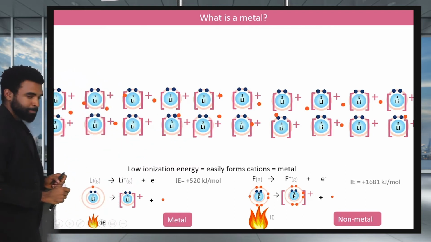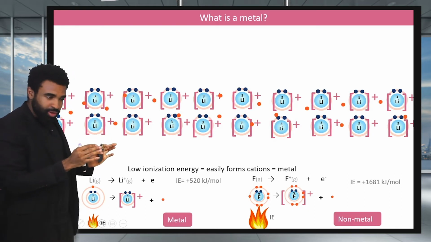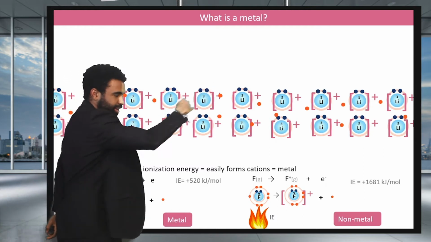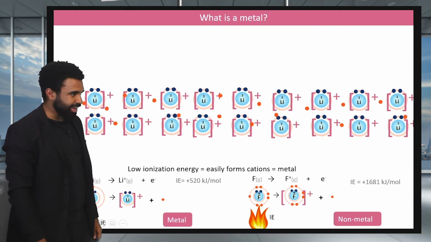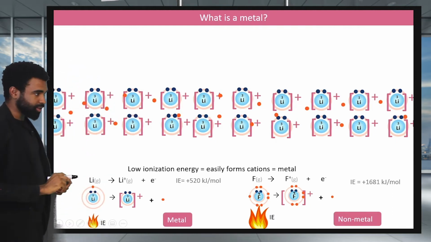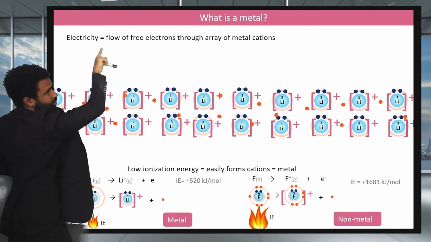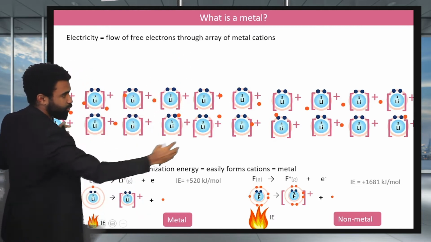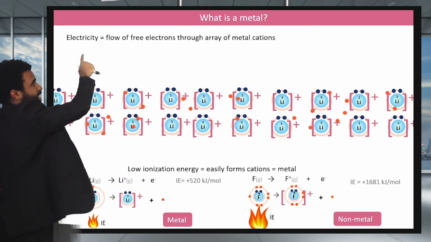Because lithium doesn't hold on tightly to its electrons, when it joins with other lithium atoms, those electrons just tend to go wherever they like to hang out. And because we have these free electrons, if we apply voltage, as we know, electricity is the flow of electrons through an array of metal cations. If we apply a voltage then, we can send electrons flowing, creating electricity.